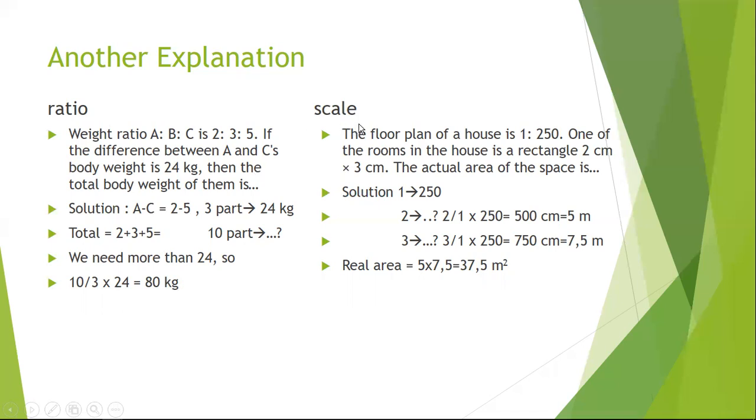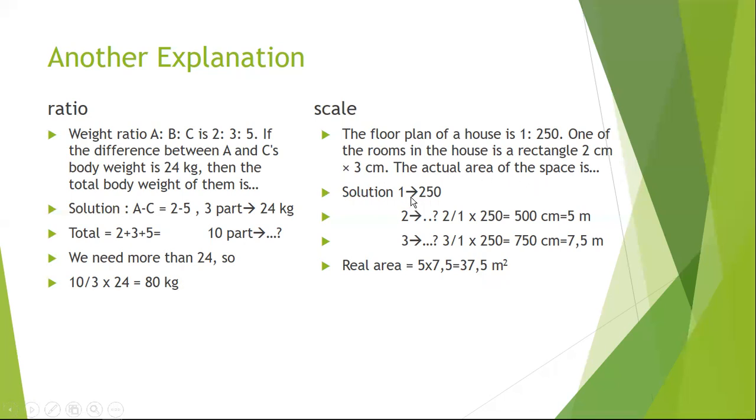About the scale, scale is usually related to a map, floor plan, how to make a miniature of some building. So here the floor plan of the house is 1 per 250. One room of the house is a rectangle with measurements 2 and 3. And then they're asking about the actual area of that space.